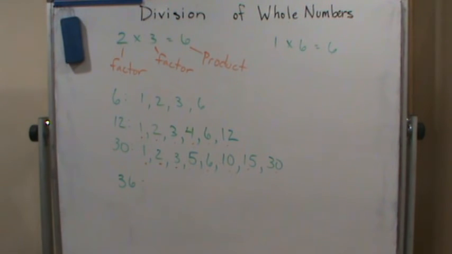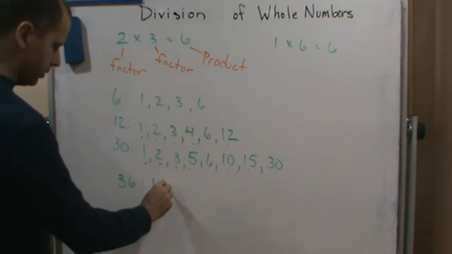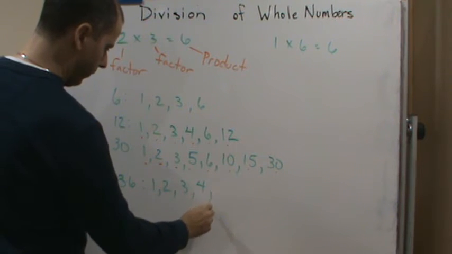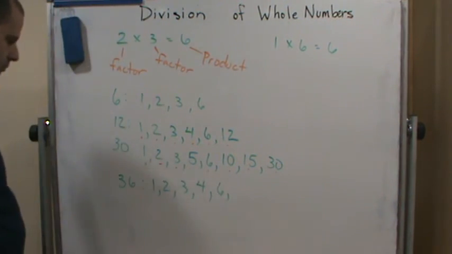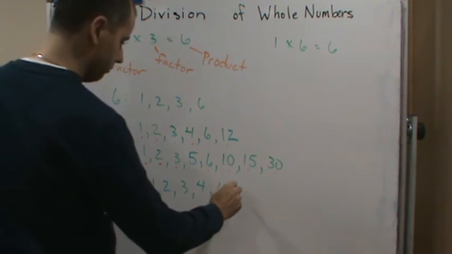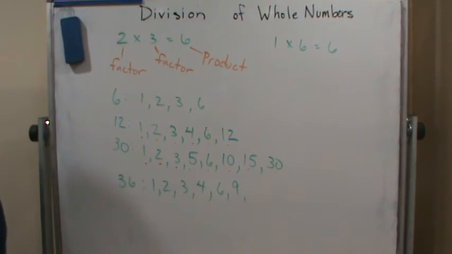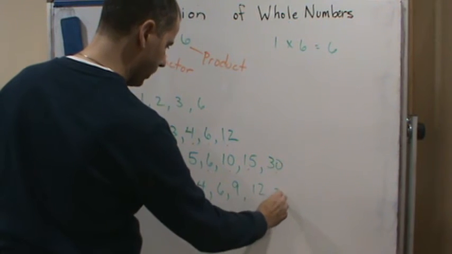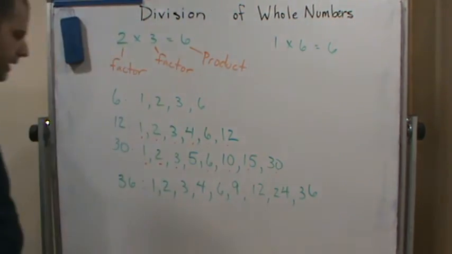Well, what are the factors of 36? Again, we'll start with 1, 2, 3, 4, 6. What else? 9, 12, 18, and 36.